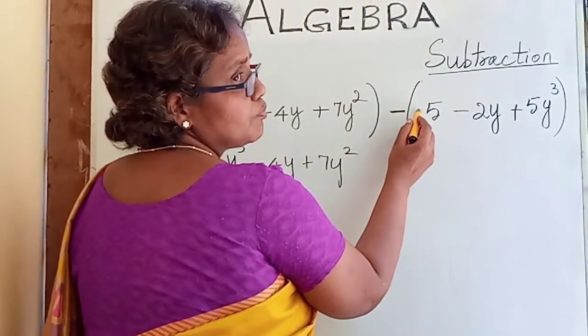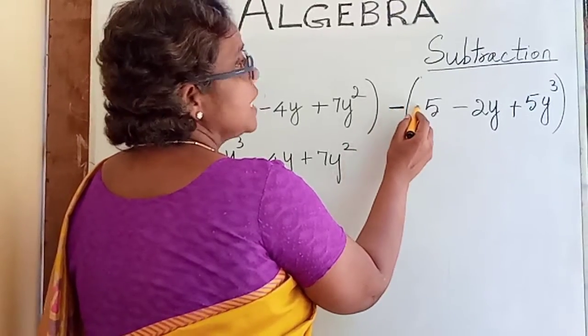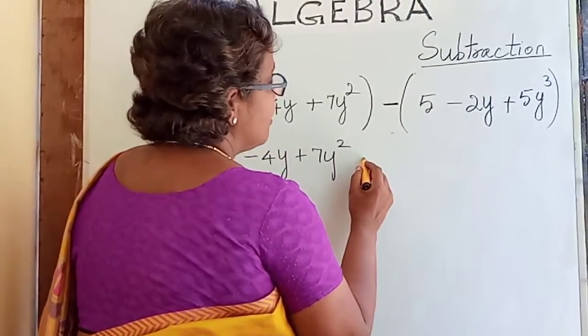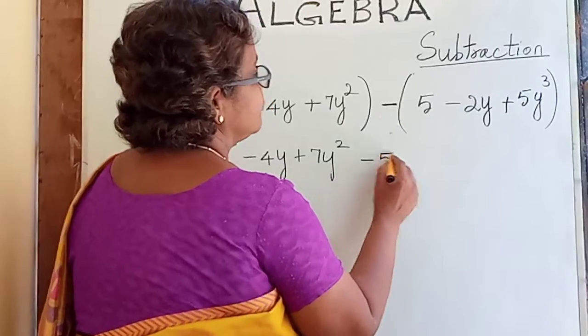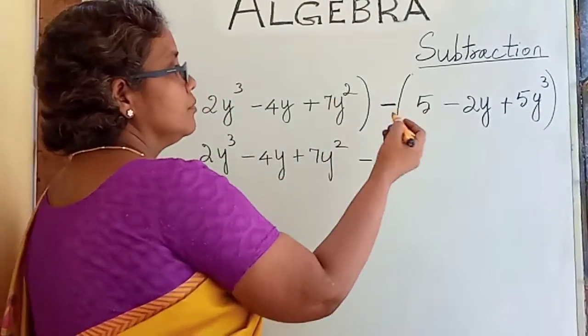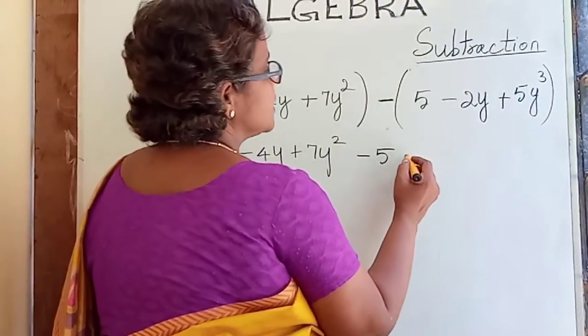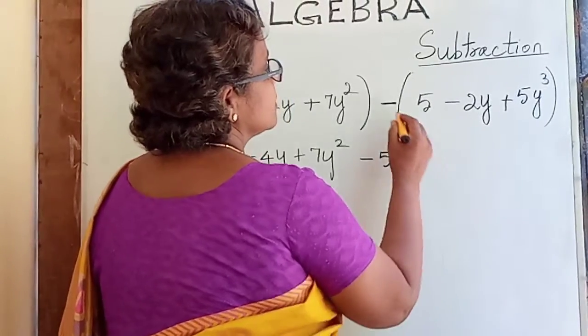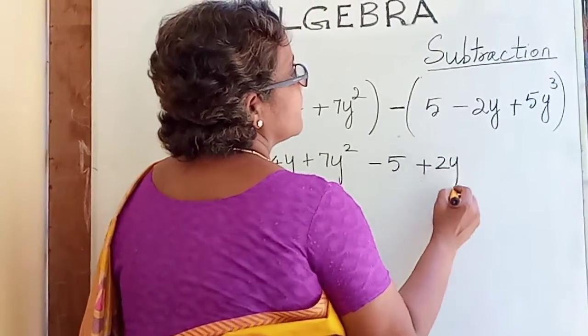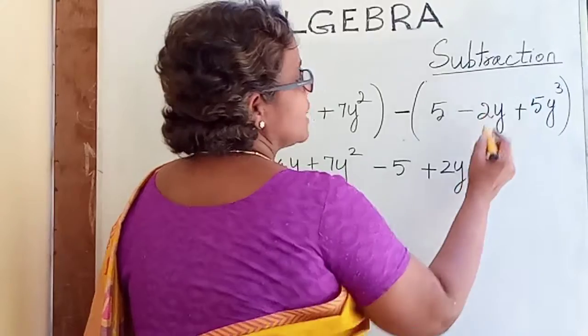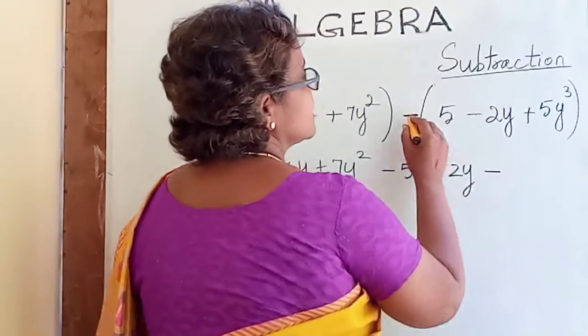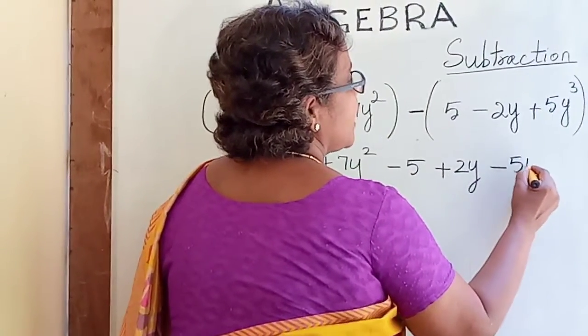The sign of 5 is plus, and therefore minus into plus, you will be getting minus 5. Then minus into minus, you will be getting plus 2y. Minus into plus, you will have minus 5y cubed.